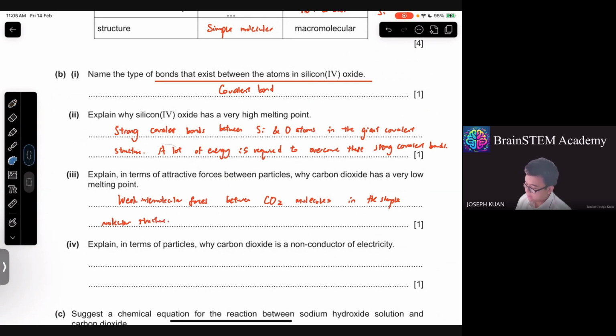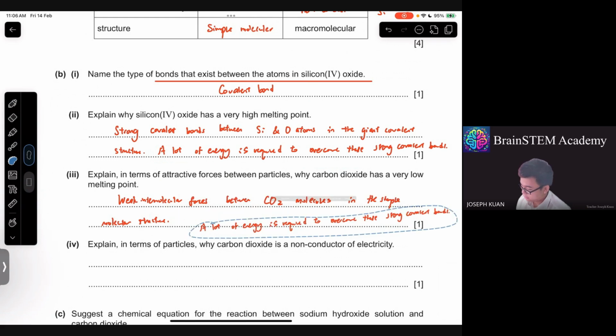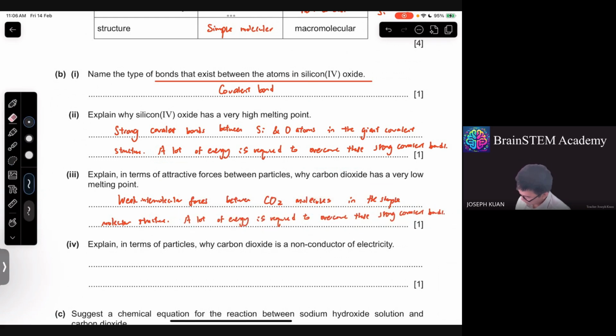Hence, only a little, not a great amount of energy is needed. Only a low amount of energy is required to overcome these weak intermolecular forces of attraction, to have a full answer.